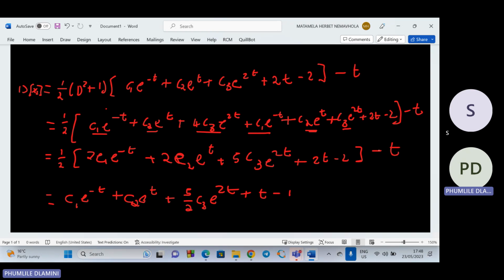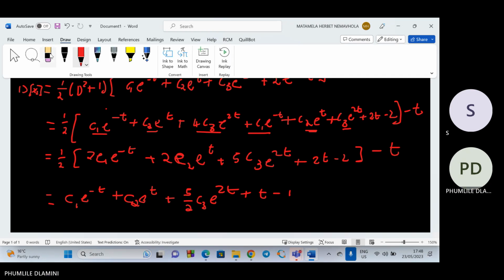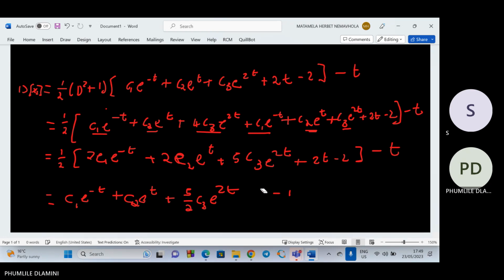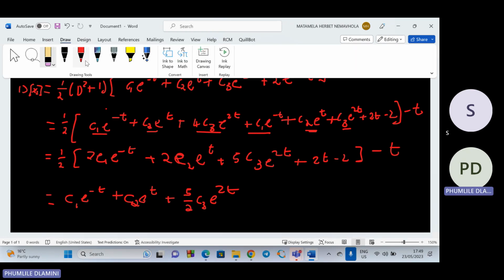So now we have this minus here, which means minus t plus t. We know that is going to give us 0. Then we can just erase this t. Then we're going to be left with minus 1.